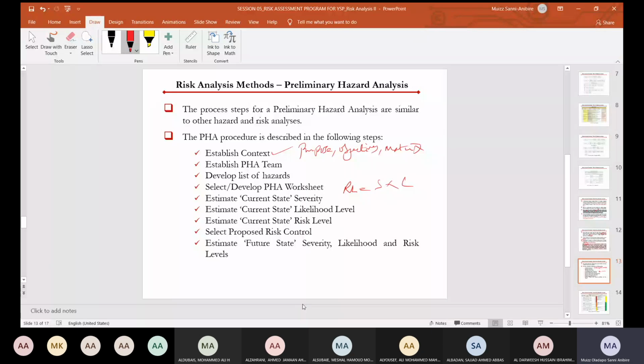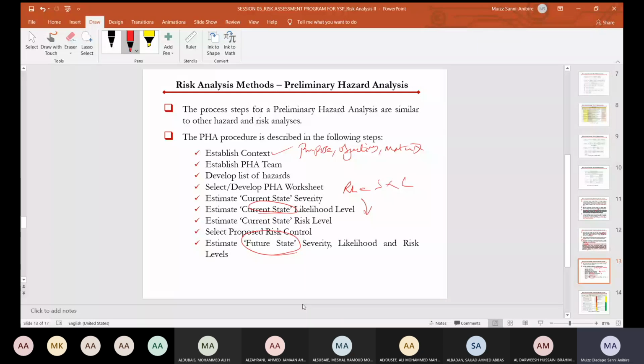Based on the existing risk controls, you can bring the risk level even further down. Based on that, you can carry out the risk assessment for the future state.